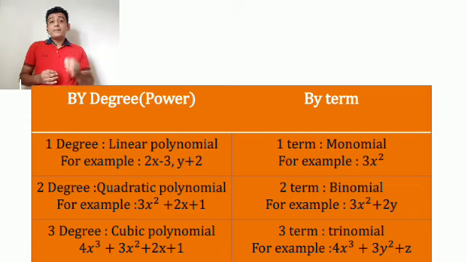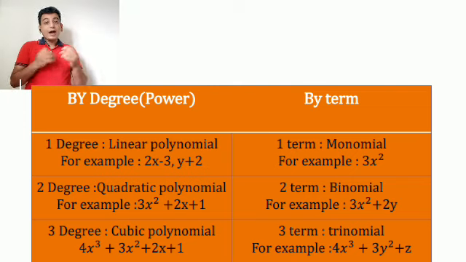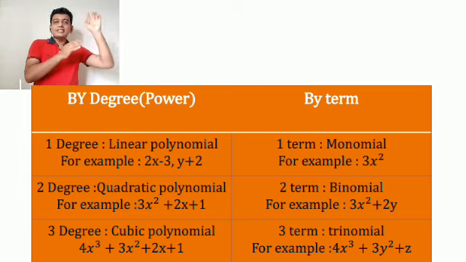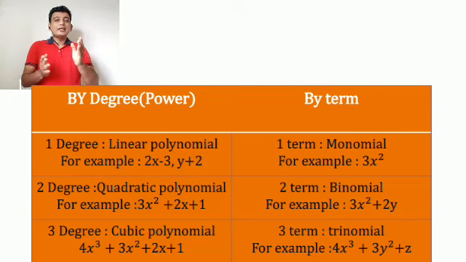Zero polynomial means a polynomial whose degree is 0. For example, 2. Here the degree of this polynomial is 0. How? Because you can write 2 into x raised to 0. And what is the value of x raised to 0? Of course, it's 1. So we can say that it's a zero polynomial.